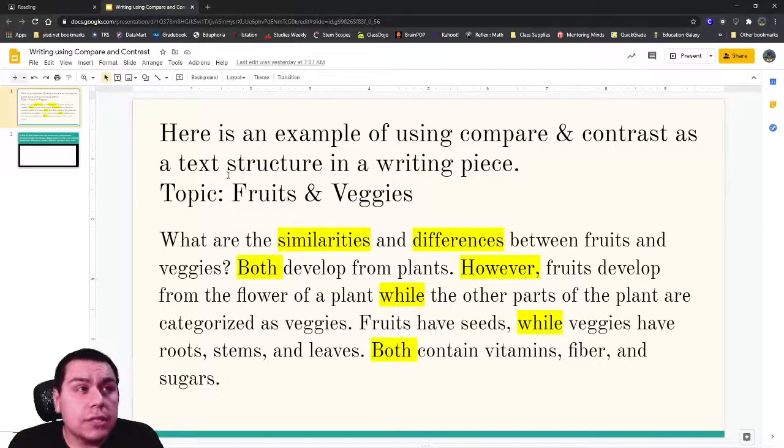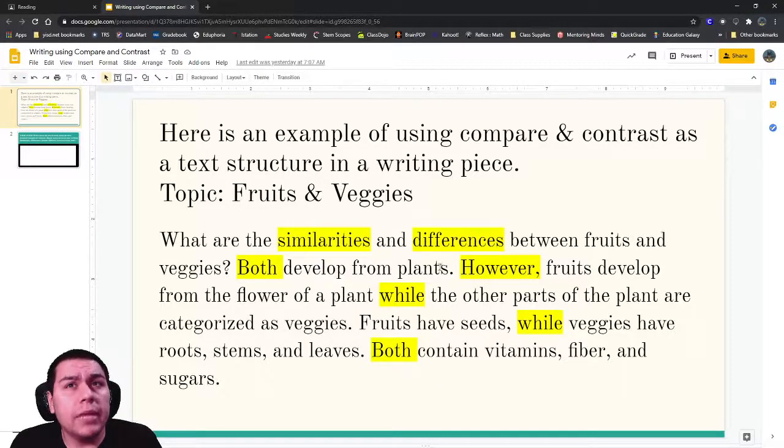They give us on slide number 1 an example of a paragraph written using compare and contrast. So in this case, our topic was fruits and veggies. It says, what are the similarities and differences between fruits and veggies?